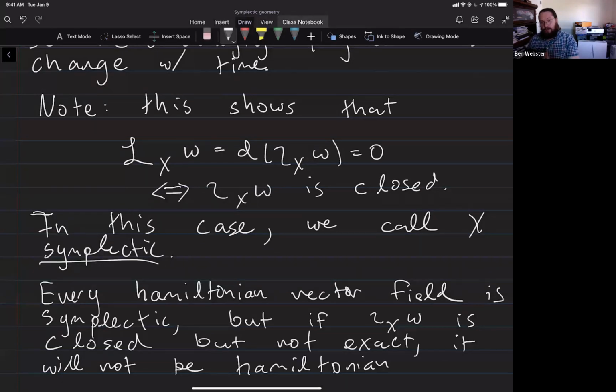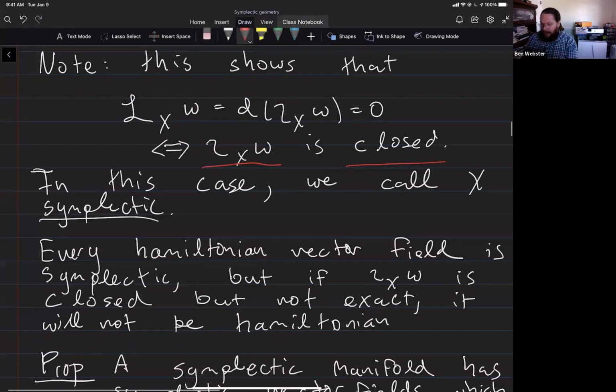Then when we take the Lie derivative of the symplectic form for that, we get d of the contraction of the symplectic form with X. So we get that the symplectic form stays unchanged if and only if this contraction is closed. And when this happens, we call X a symplectic vector field. It's called symplectic because its flow is a symplectomorphism.